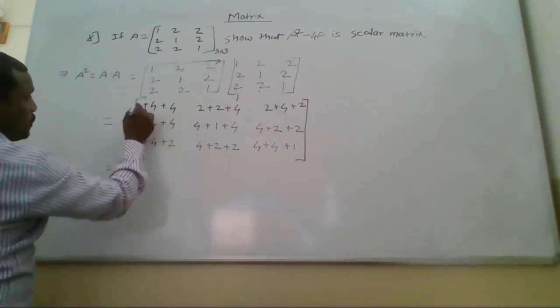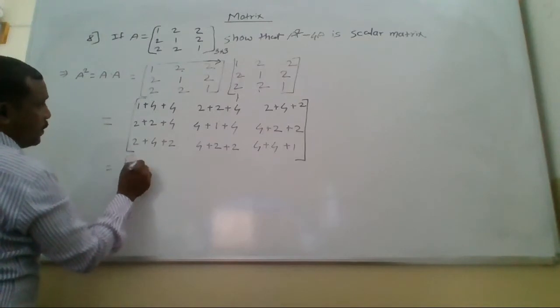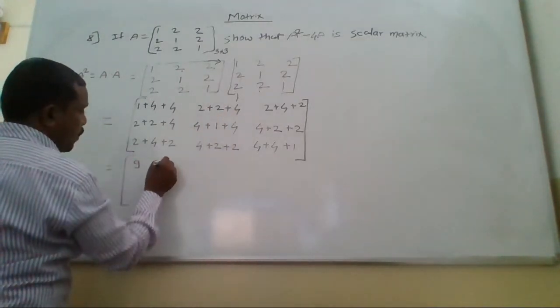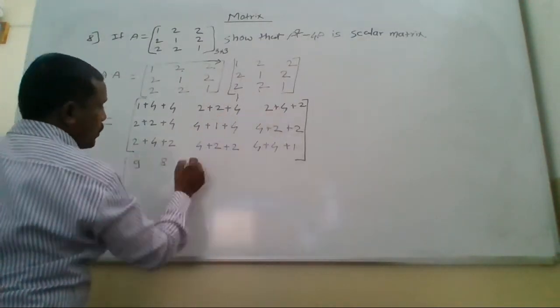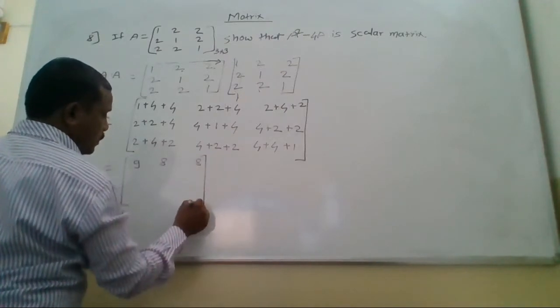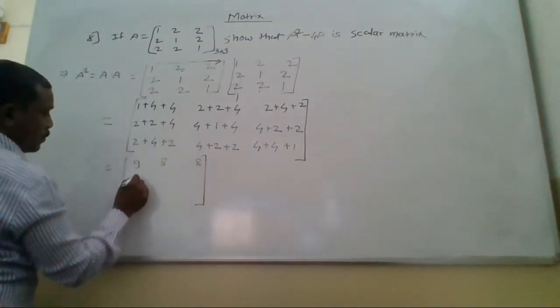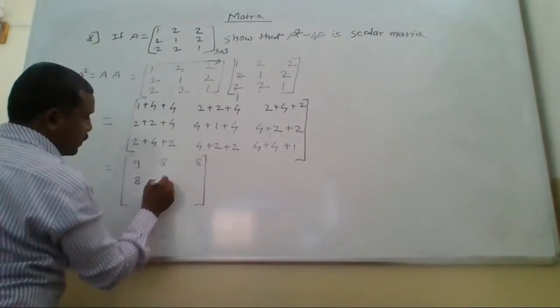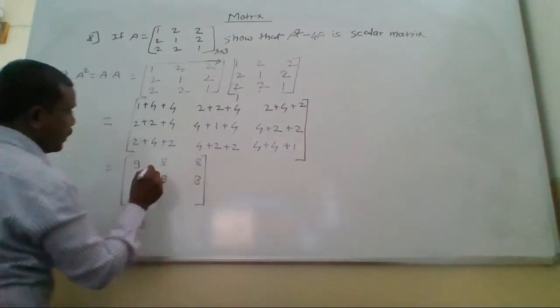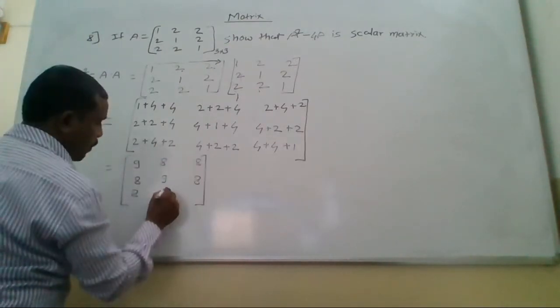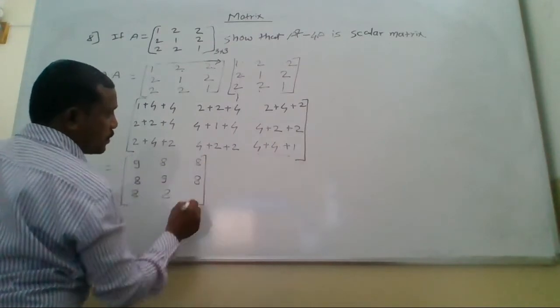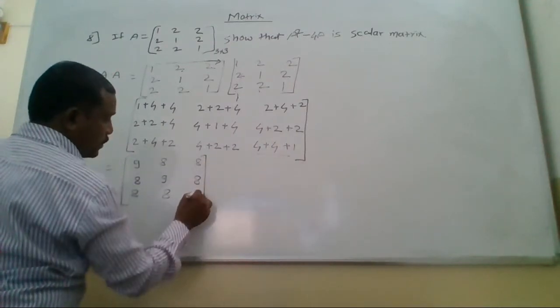So 4 plus 4 plus 1 is 9, and 4 plus 4 is 8. The answer is also 8 here, and here 9, again 8, 8. The last one by addition is 9.